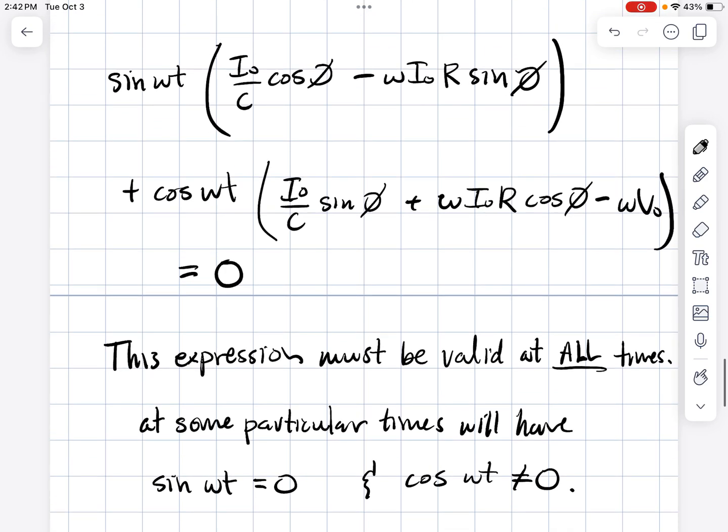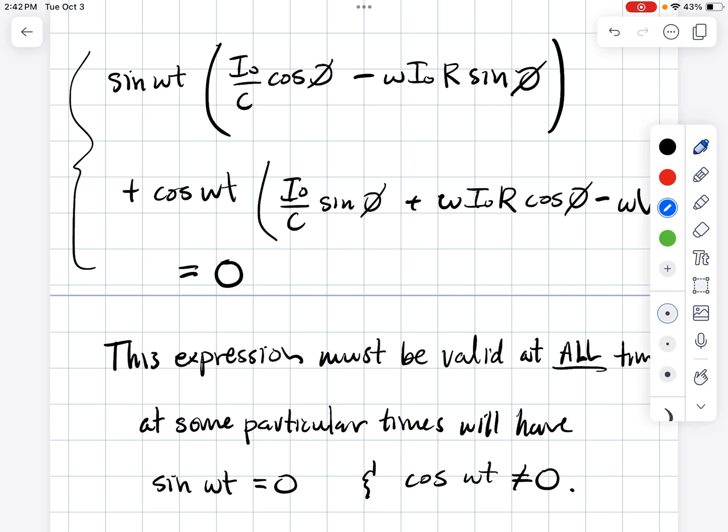Now, this expression is still valid in that case, but the whole first term will vanish because it multiplies sine omega t, which at some times is going to be 0. And so the only possibility is that everything that multiplies the cos omega t, which is non-zero, so everything in these blue brackets here, has to be 0 in order to satisfy this equation.